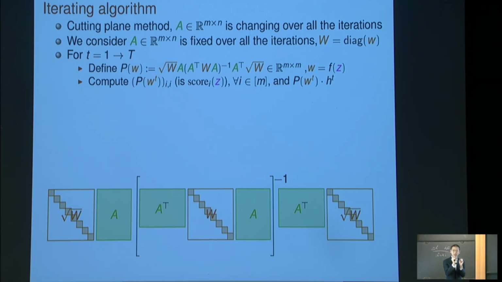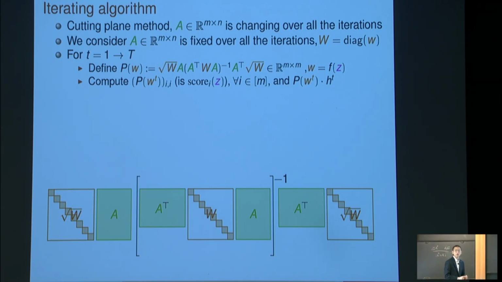Everywhere has value. But if you look at the diagonal entry of this projection matrix P of W, the i-th coordinate is going to describe how important the i-th row of A is. The off-diagonals are like the effective resistance between two points or something, but we don't care about the off-diagonal terms.